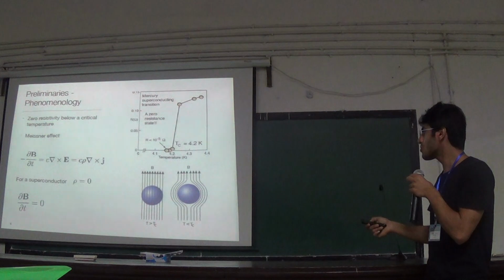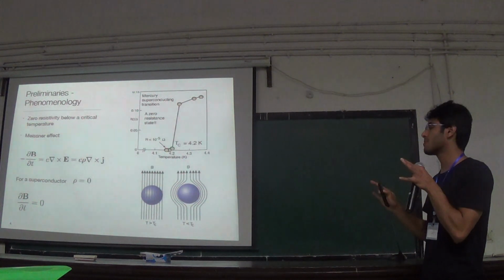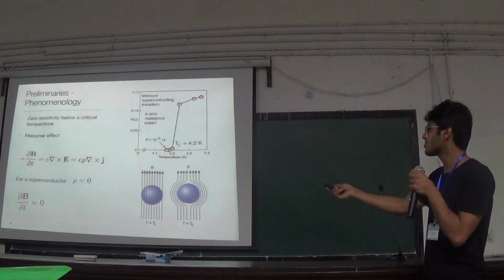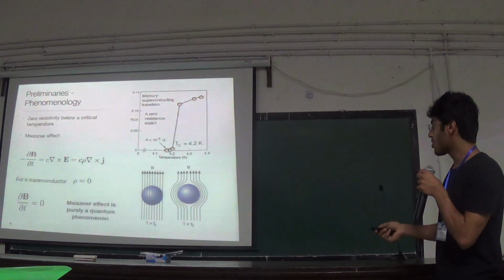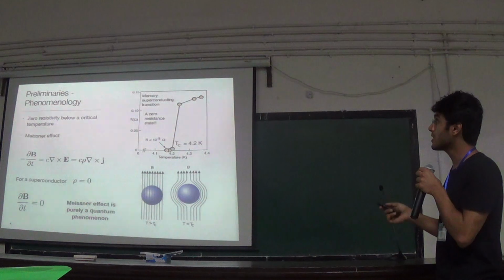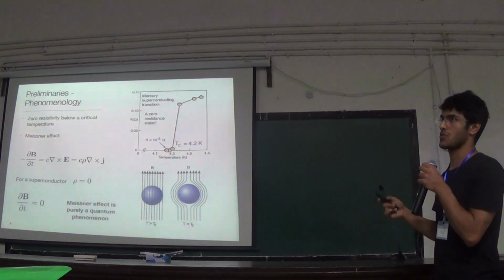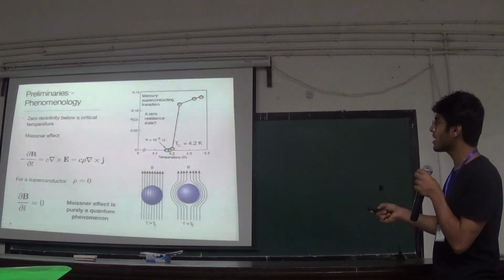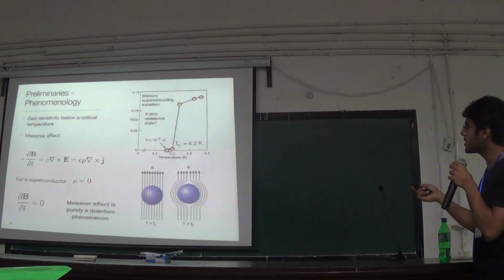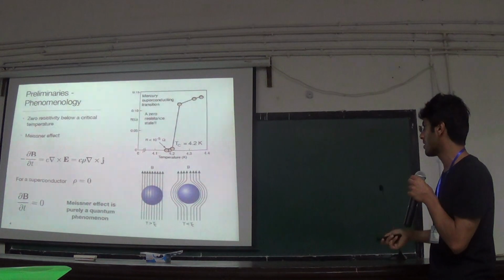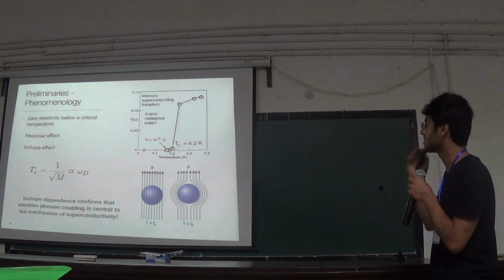So you can't get the Meissner effect just by using classical arguments. It's truly a quantum phenomenon, and it actually is the defining property of a superconductor. Starting from the Meissner effect, you can explain why you have zero resistivity. I won't really go into that.